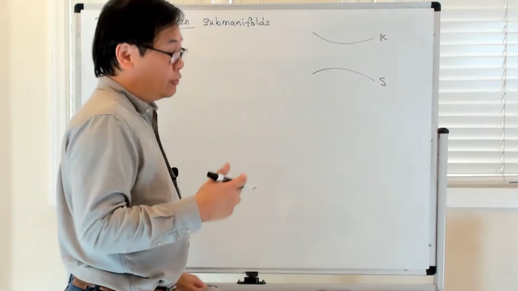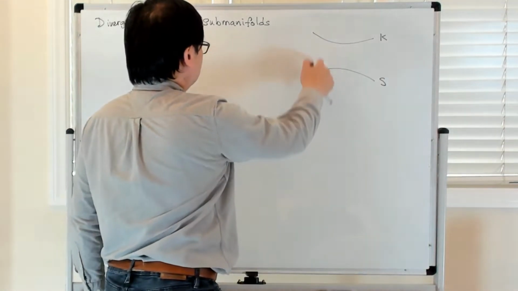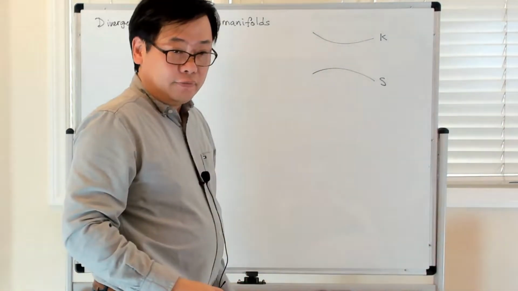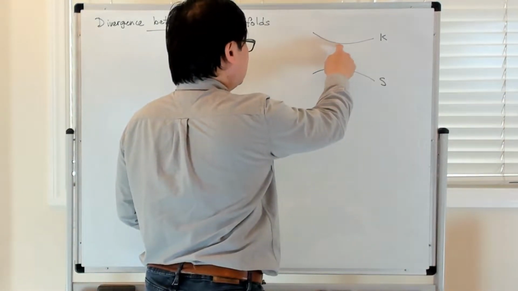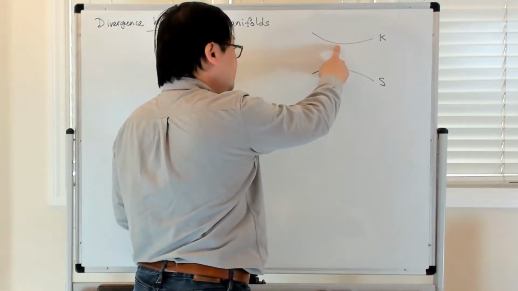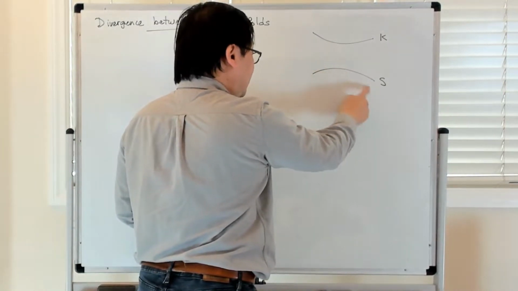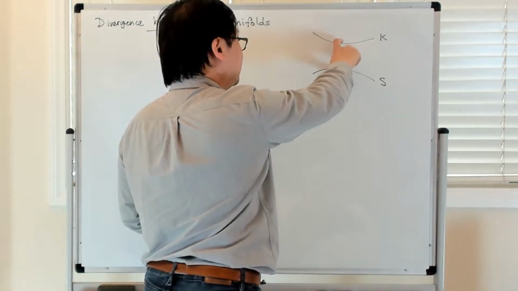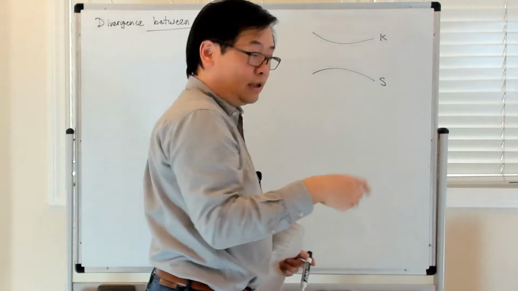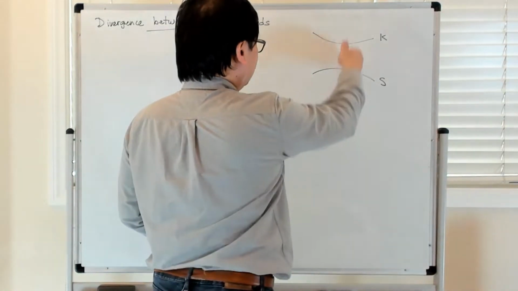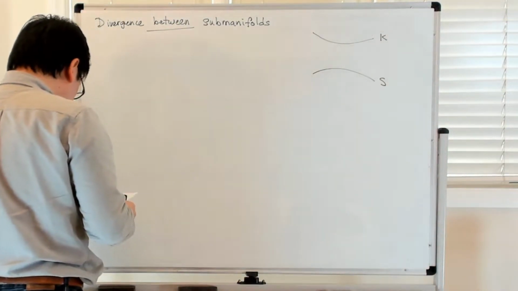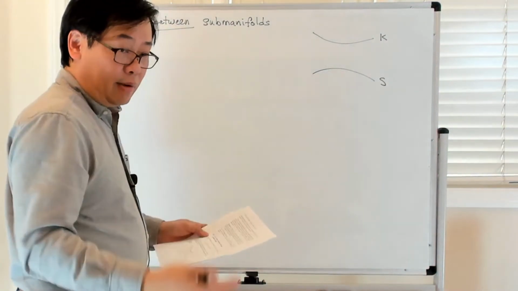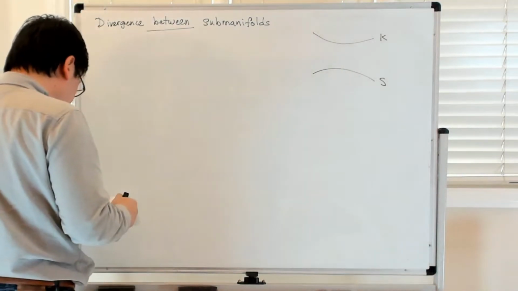So the natural question to ask, when you talk about the divergence between two submanifolds, is also whether or not you can find a pair of points, one in the first submanifold and the other one in the second submanifold, such that the divergence between those 2 points is equal to the divergence between the two submanifolds, right? So it's the arg minimizer or infimum of that thing.